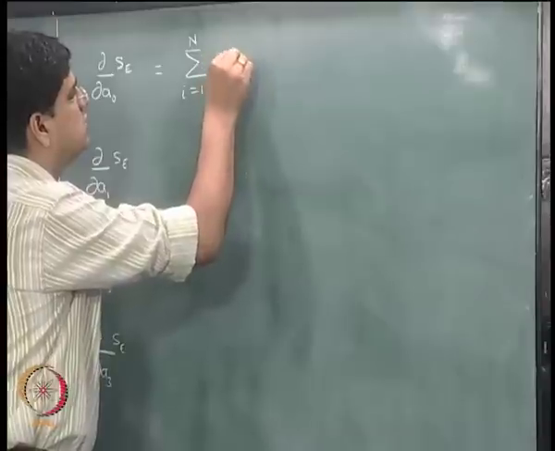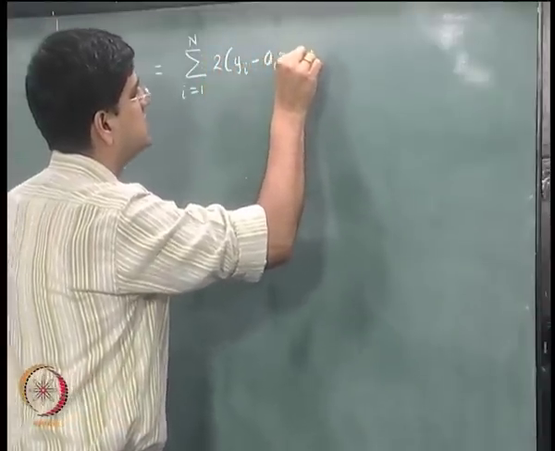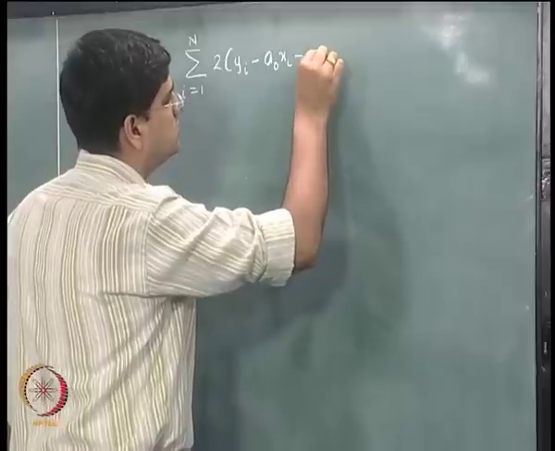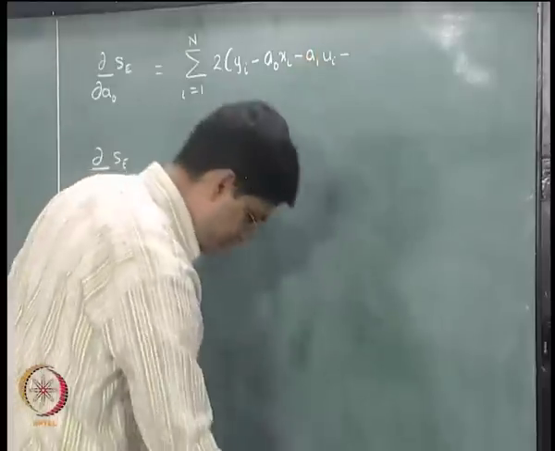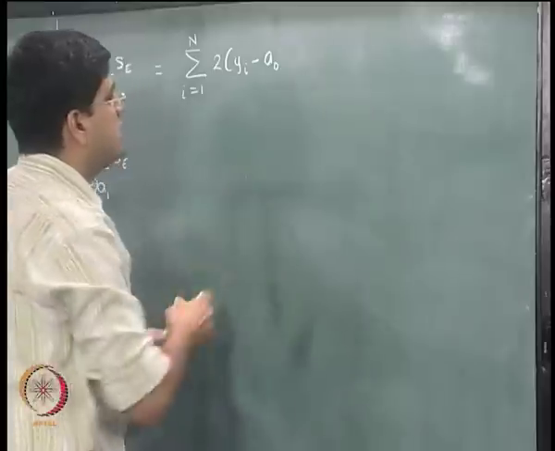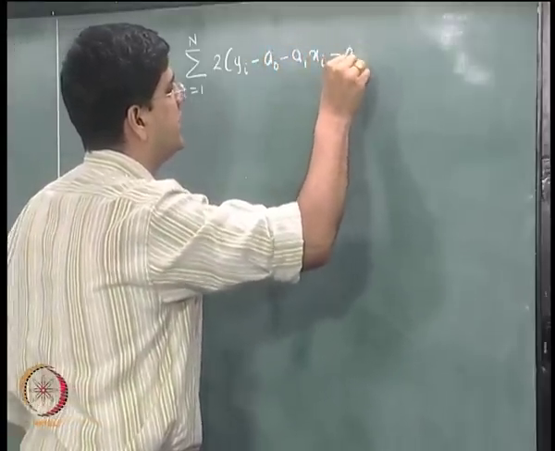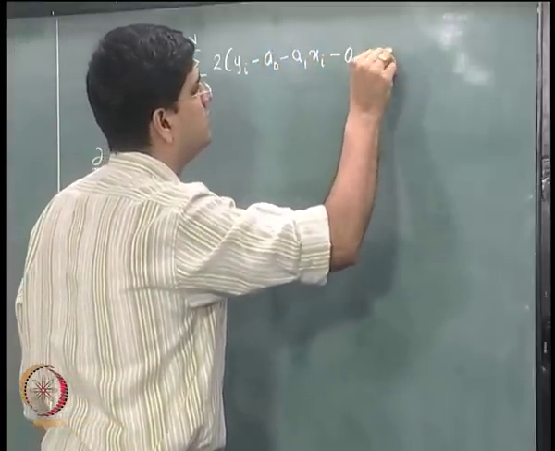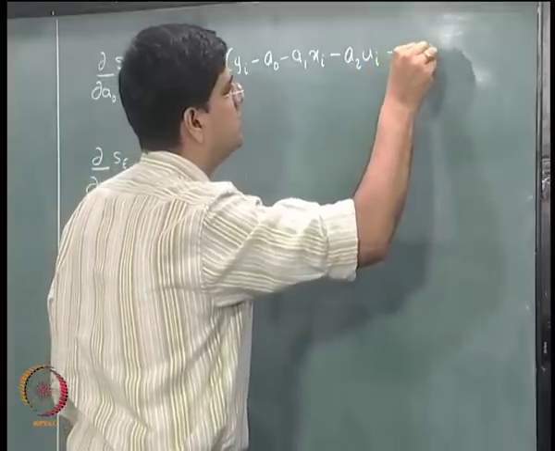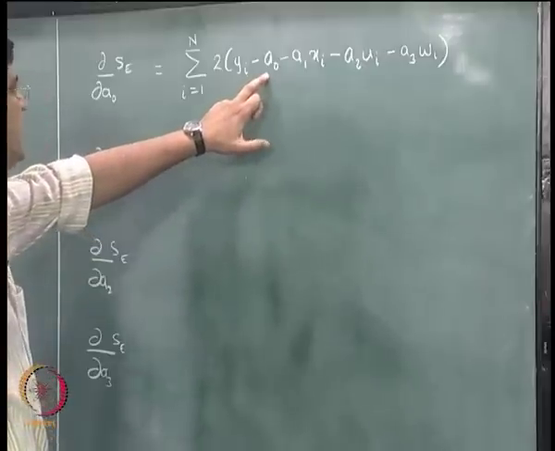2 times yi minus A0 minus A1 xi minus A2 ui minus A3 wi, this multiplied by df by dA0.